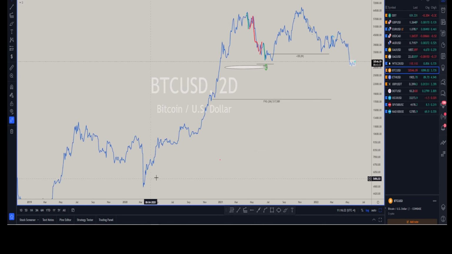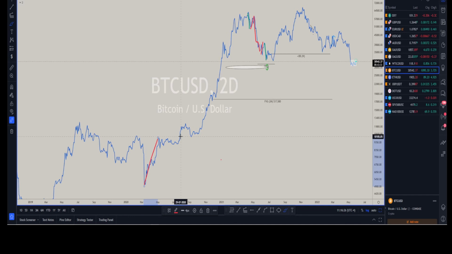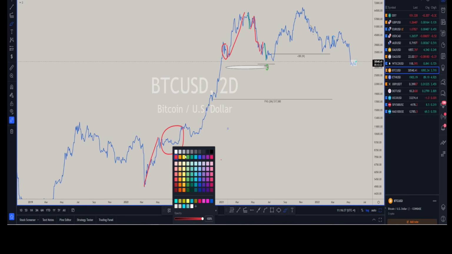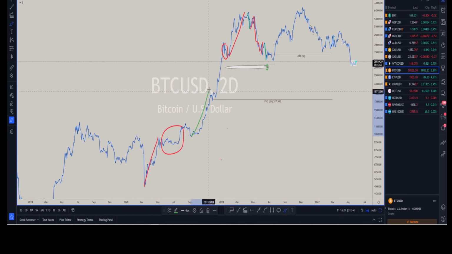Now this is the first leg, and this is the last leg, the third leg, right? This and this are similar, and these two are similar.